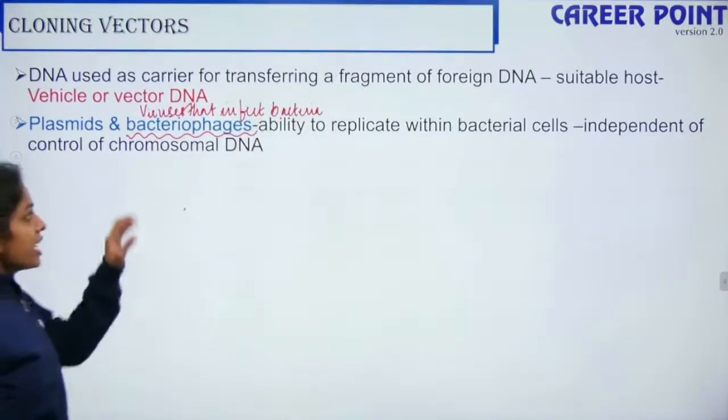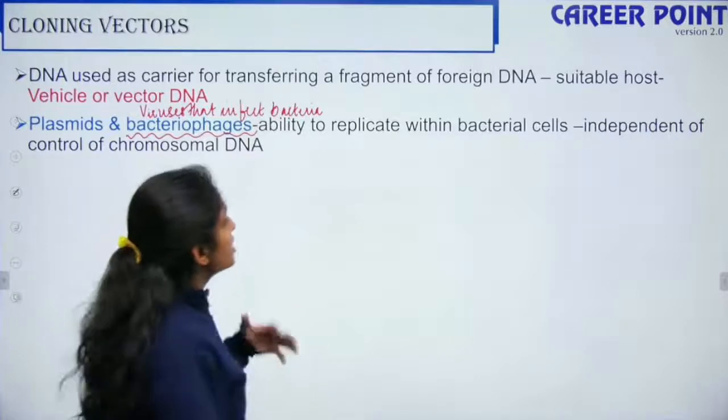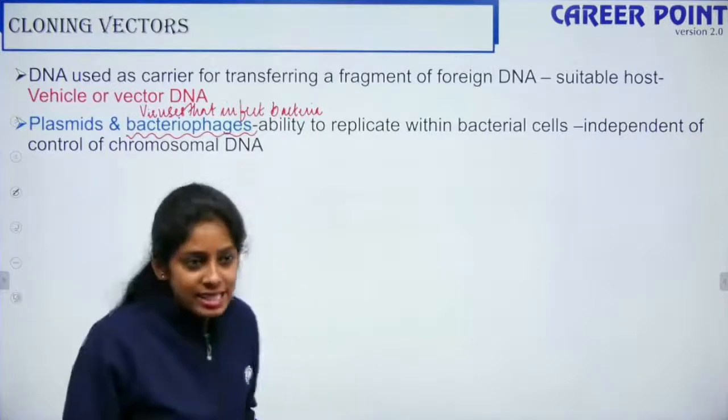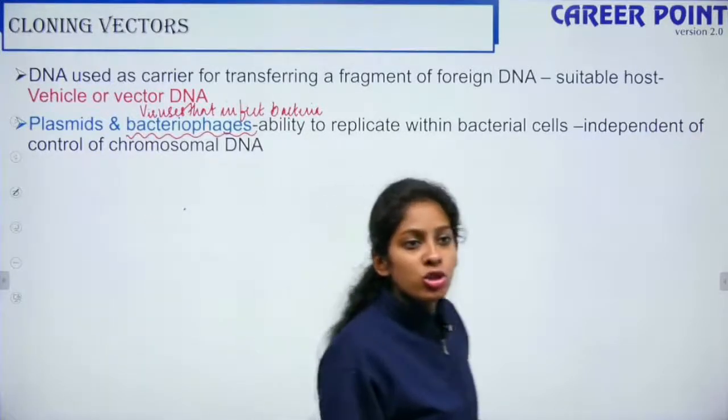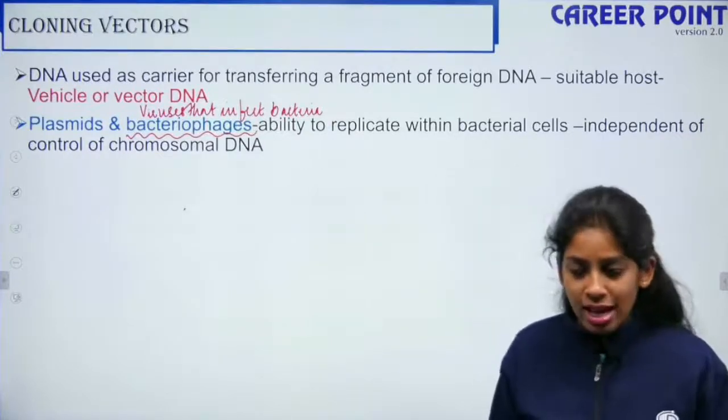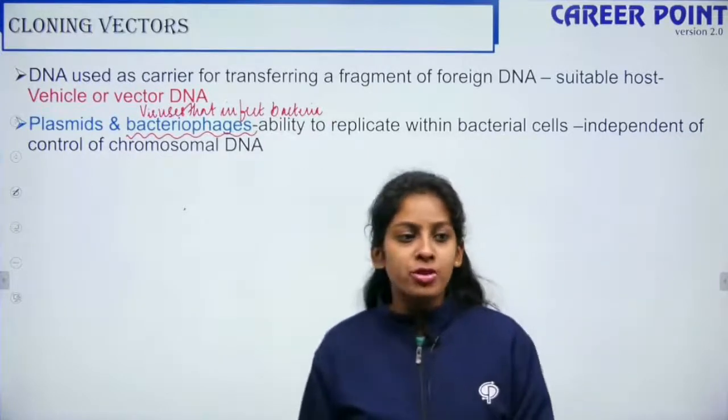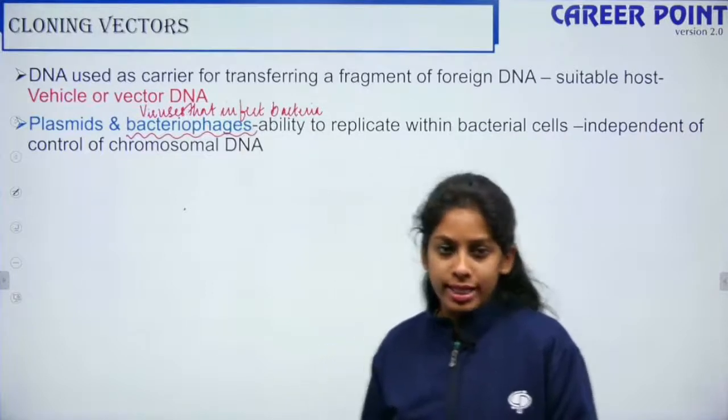These bacteriophages have the ability to replicate within the bacterial cells, because a virus also knows how to replicate within a living cell. So we are exploiting that property to transfer a foreign DNA.